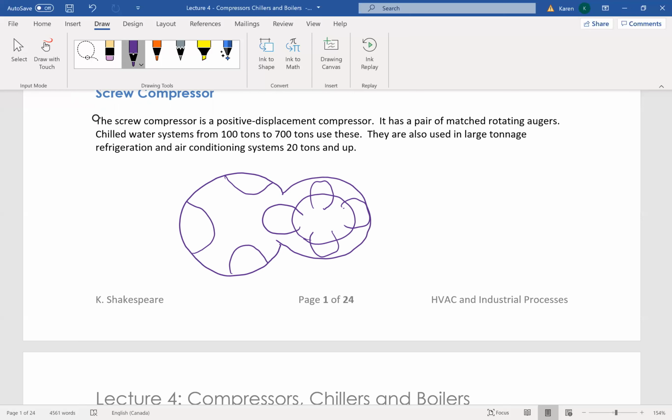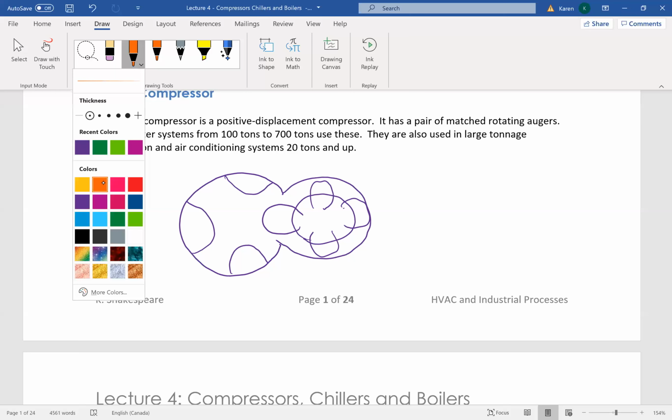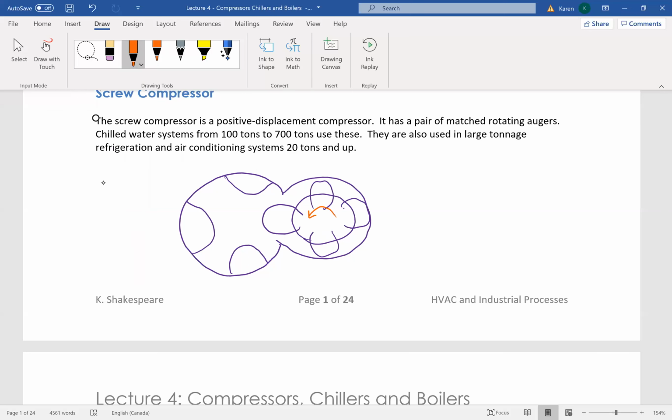Very hard to draw, but if you're interested in this, you can look at some videos. So where teeth come together, there are pockets of volume, and they're being compressed.